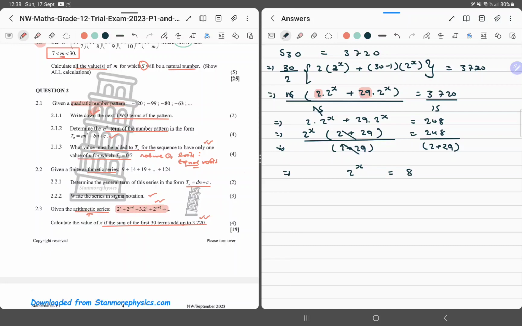Now we ask ourselves, can we express 8 as a power of base 2 to some particular exponent? The answer is yes. This is 2 to the exponent x equals 2 to the exponent 3. Or you can say it is the third order power of base 2, or the third order power of 2.